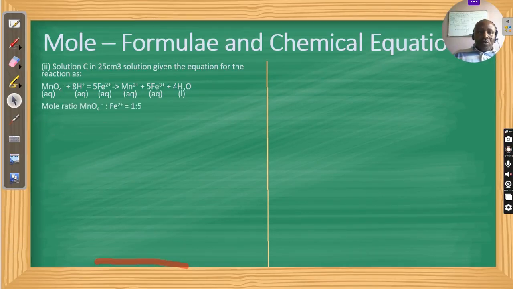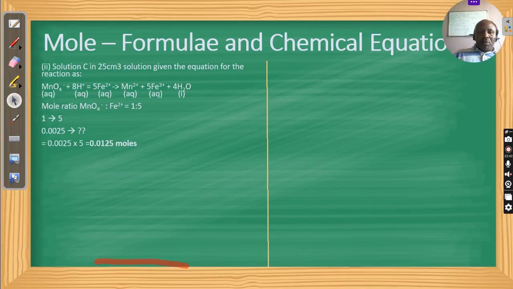So from there, the mole ratio of manganese to iron is 1:5. We have seen for A it was 0.0025 moles. So what about C, which is iron?